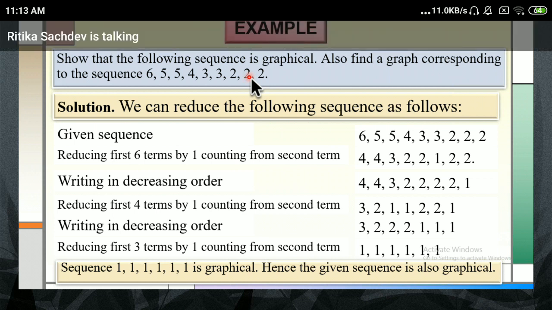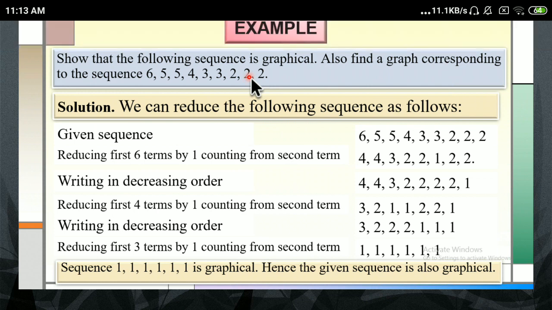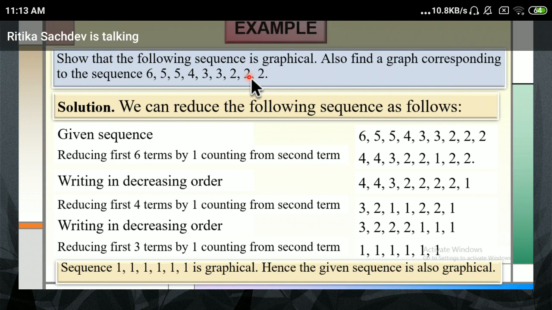9 into 8 upon 2 is 9 into 4. What is 9 into 4? 36. Okay, it is 36. Fine.